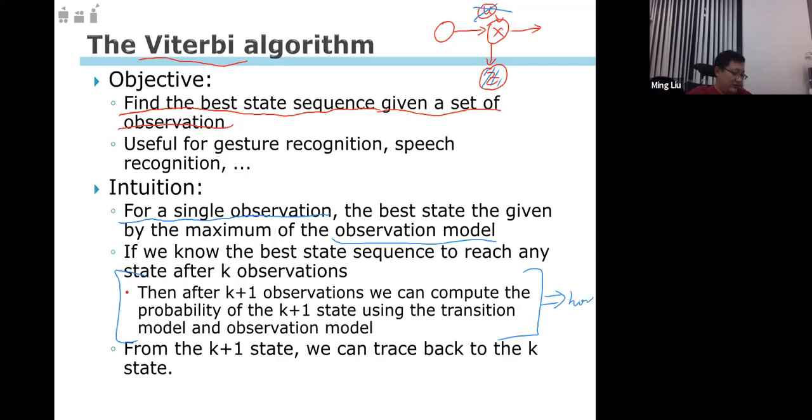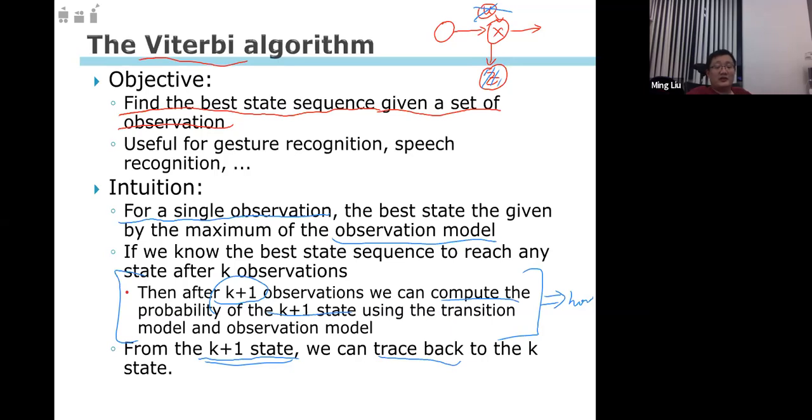So we want to use the k plus 1 timestamp observation to compute the k plus 1 states. Okay, compute the k plus 1 states. And then from the future k plus 1 states, you can trace back to the k states. That means we first do some prediction to the future, and then use what we predict.